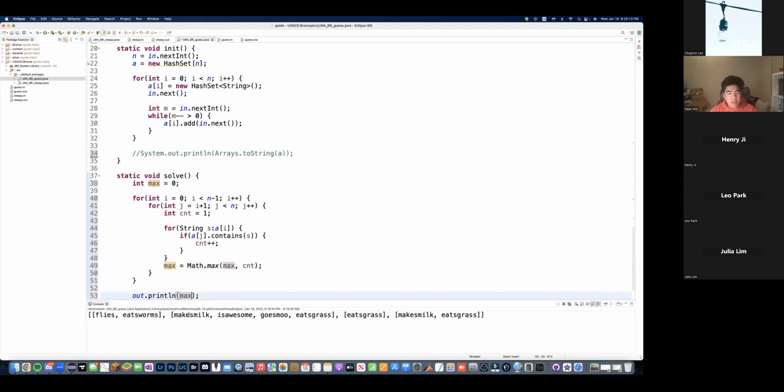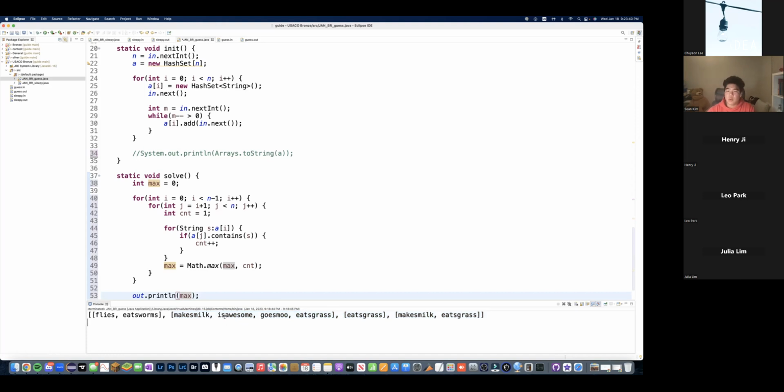Anyways, I'm going to explain the logic of what happens one more time. Flies: checks everything, nothing, so count doesn't change. Eats worms: checks everything, doesn't appear. Makes milk appears twice. Is that bigger than max? Yes, that's 2.